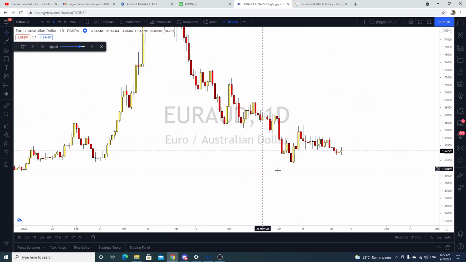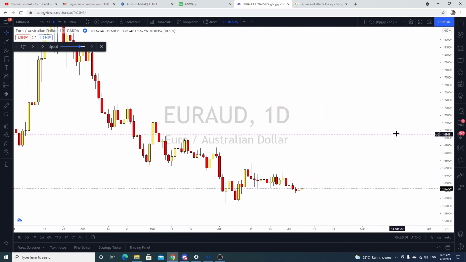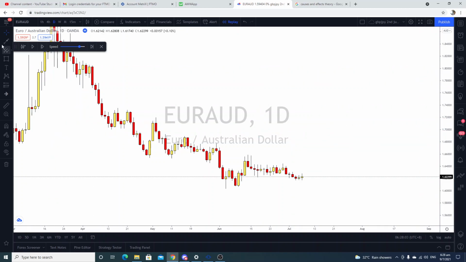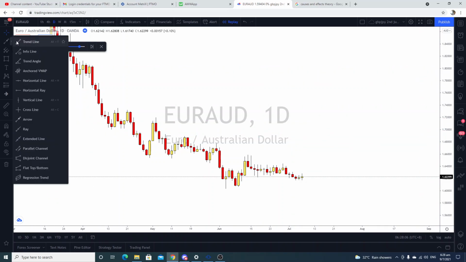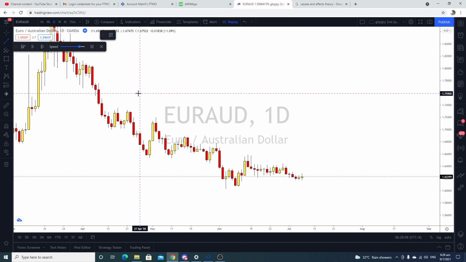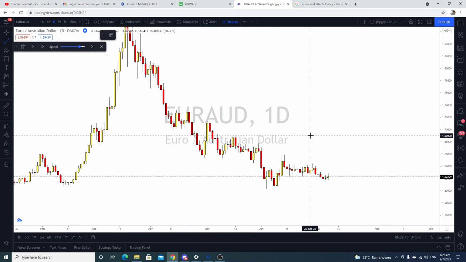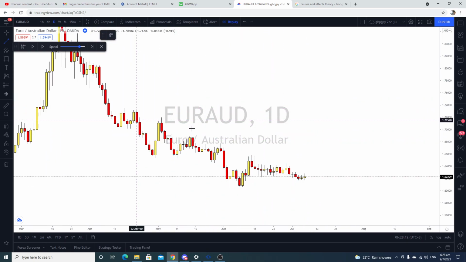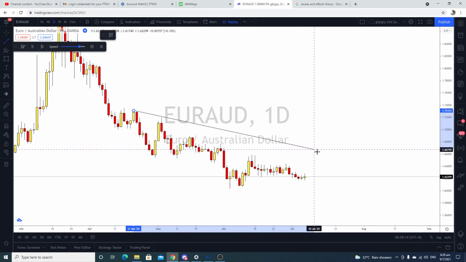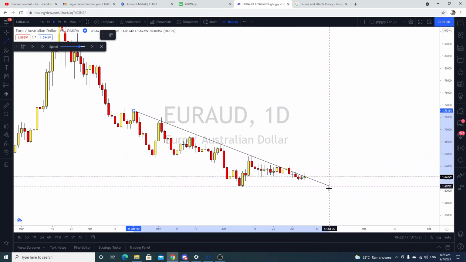In this case, the market is on a downtrend. This is really how I did it when I was just new in this industry. Downtrend, so I do a trend line. A trend line is for all the points to be joined together.